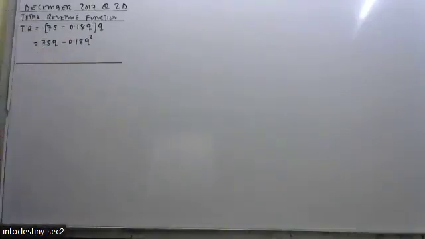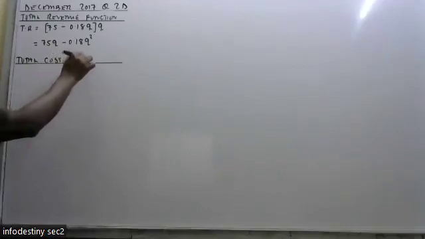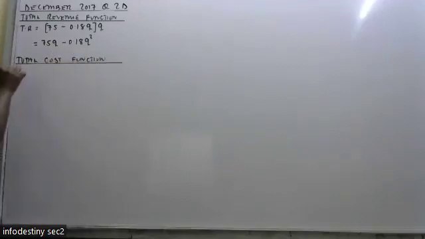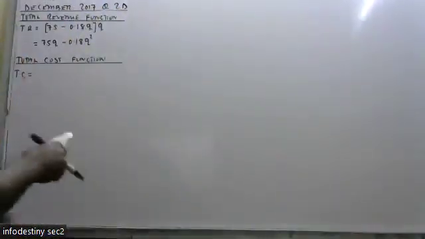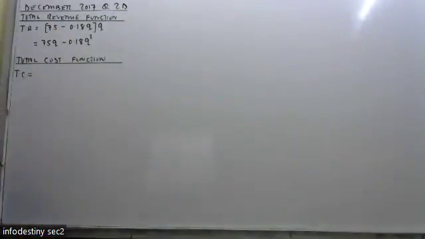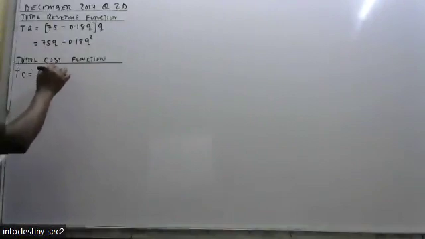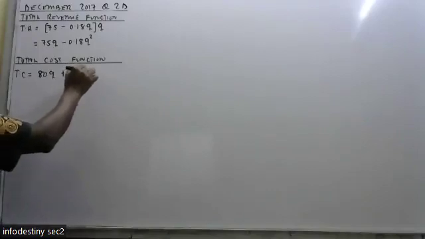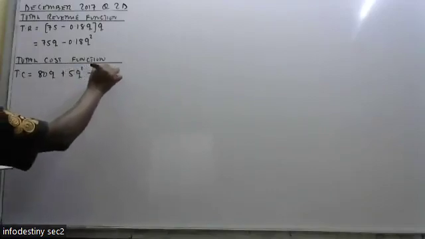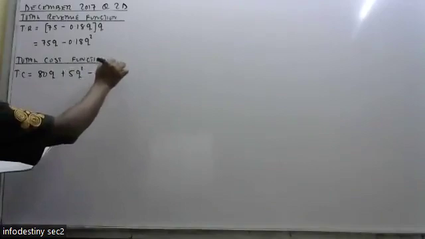The next one is the total cost function. Now, the total cost function is already provided as 80Q plus 5Q squared minus 0.03Q cubed.